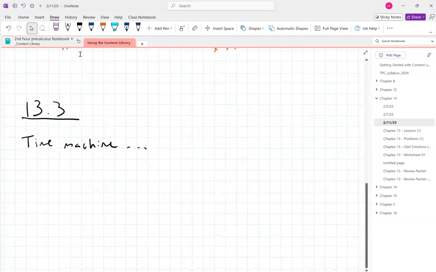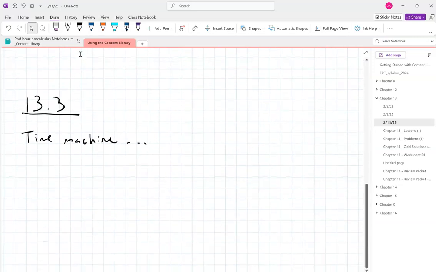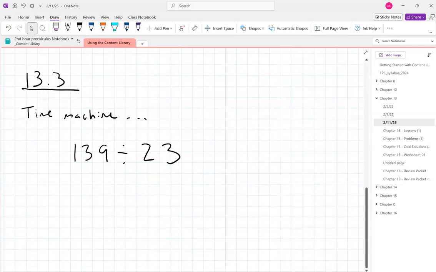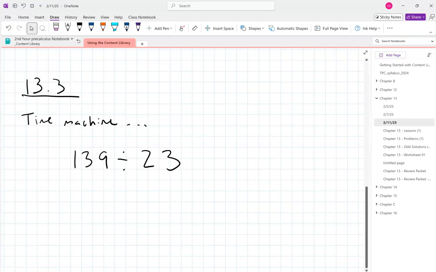I know, I'm not crazy about going back to then either. But in 6th grade, we might have had problems like this, right? How would you have done this back in 6th grade? You would have done long division, right?